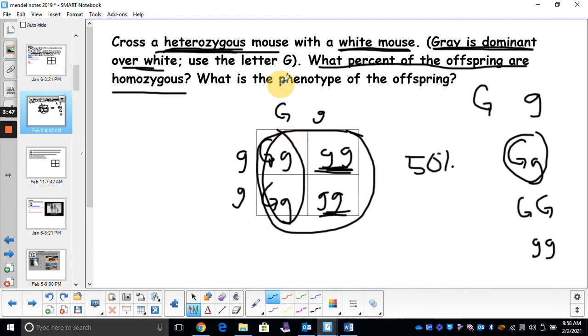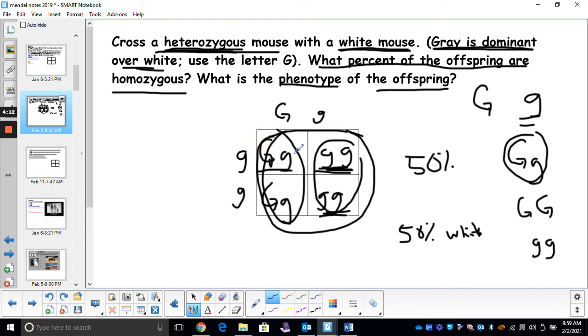Now, what is the phenotype of the offspring? Remember, phenotype is physical appearance. Well, let's look. If I have 2 lowercase g's, remember lowercase g, that's recessive, that's going to be the white. So we're going to have 50% of the babies will be white colored. Now here I have one capital G and one lowercase g, one dominant allele, one recessive allele.